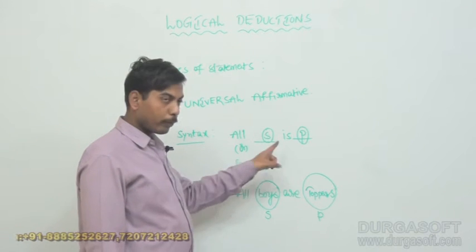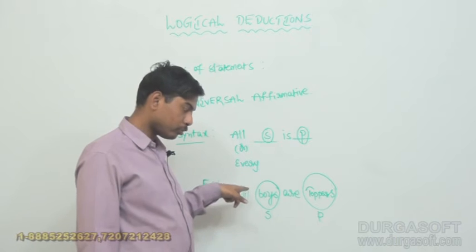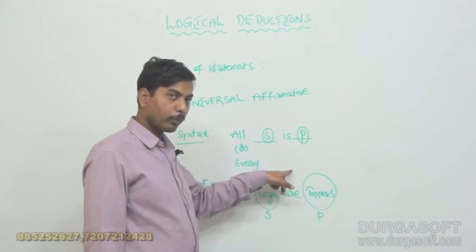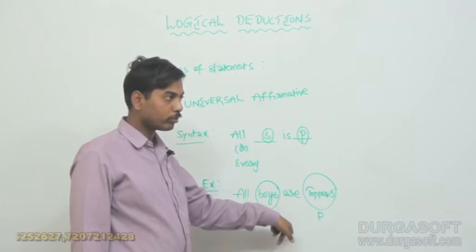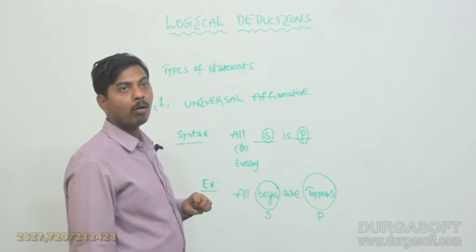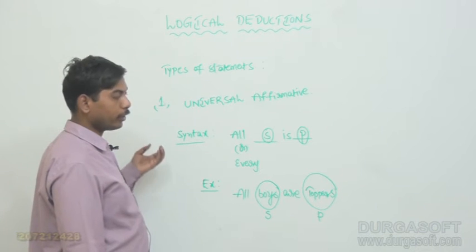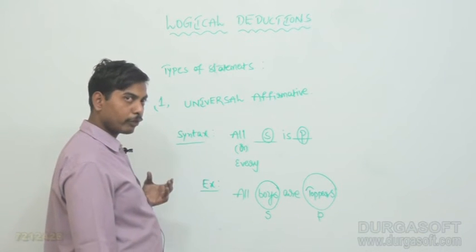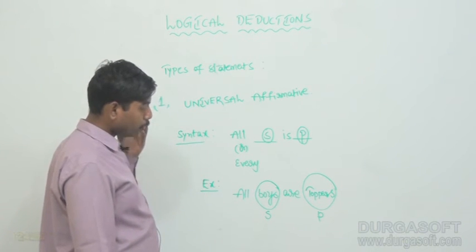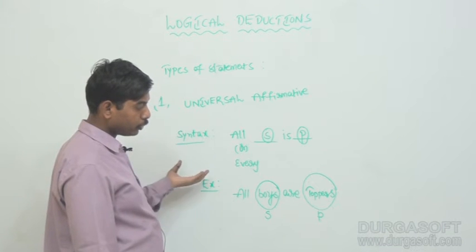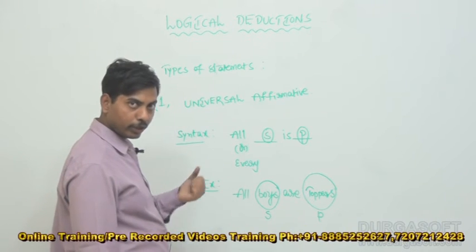Here boys is the subject and toppers is the predicate. That's how we need to focus on the statement. We came to know the syntax of universal affirmative, and we are able to identify the subject and the predicate in that statement.